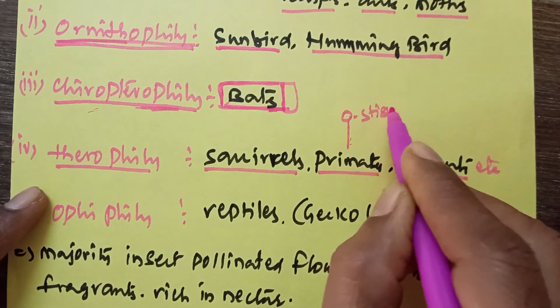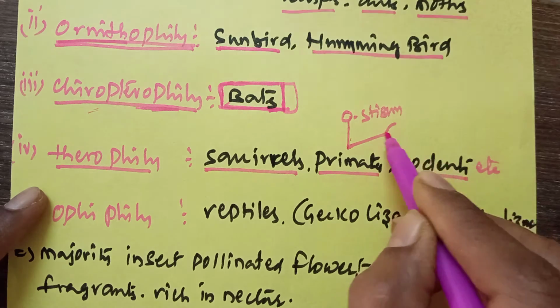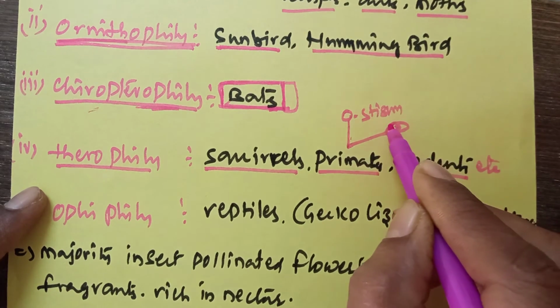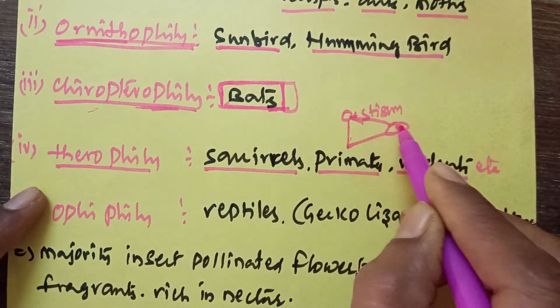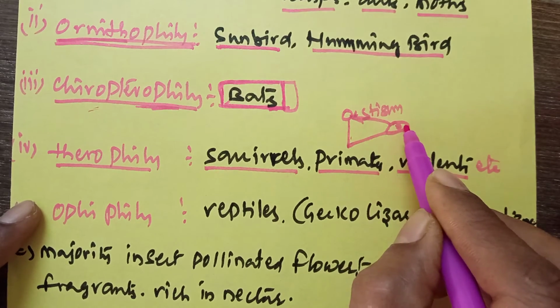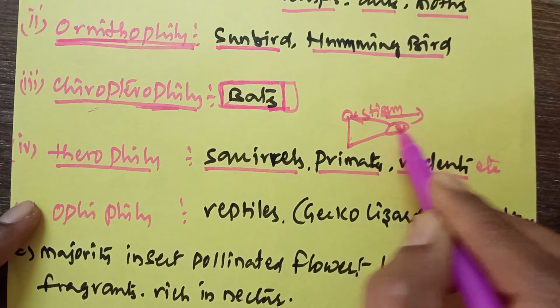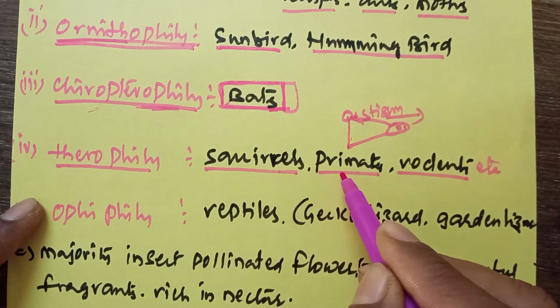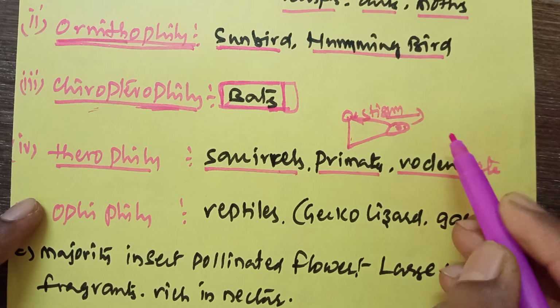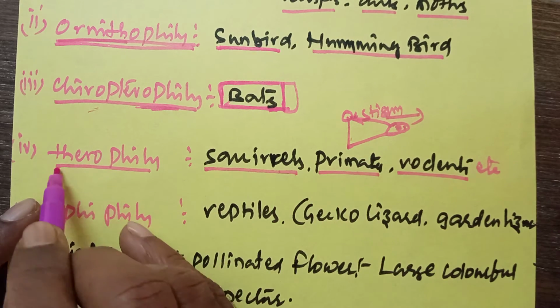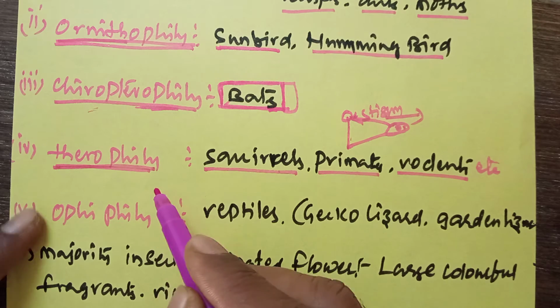Pollen grains are transported from the anther to the stigma through squirrels or primates or rodents. This type of pollination is called therophily.